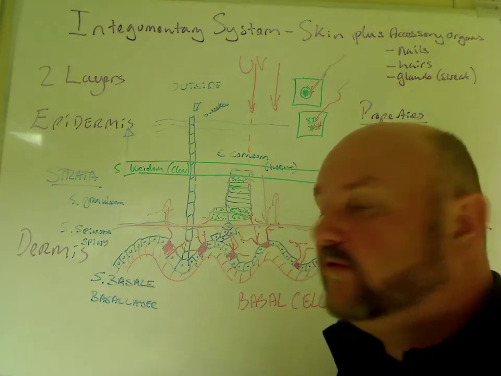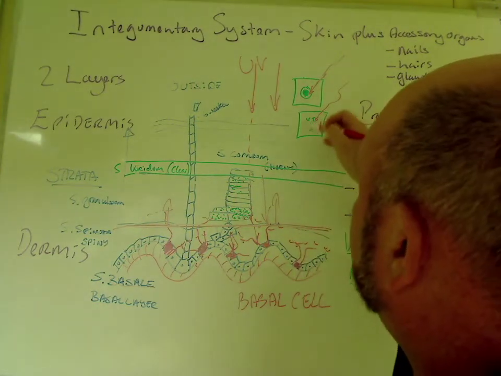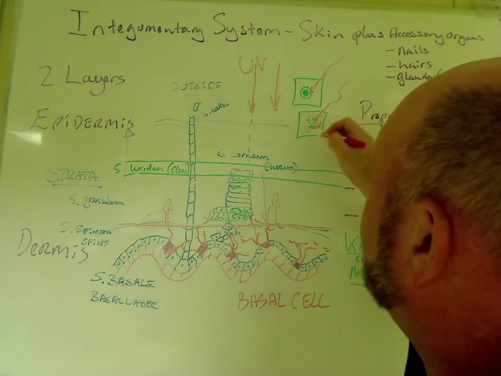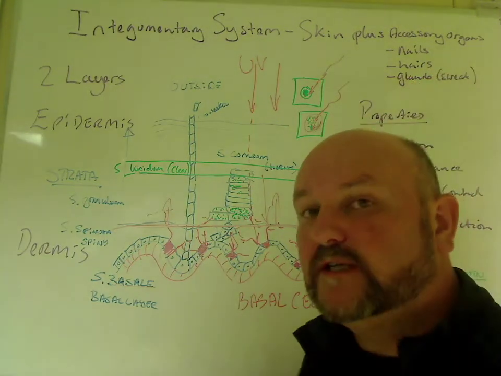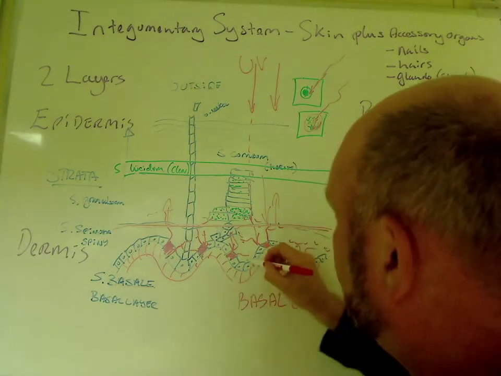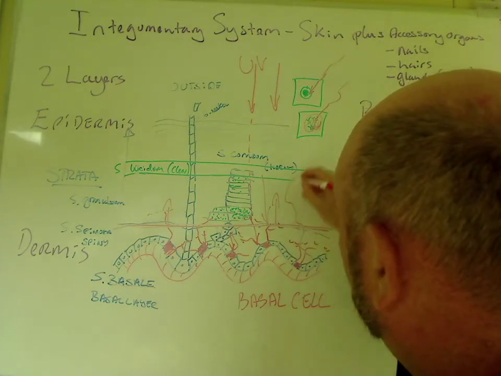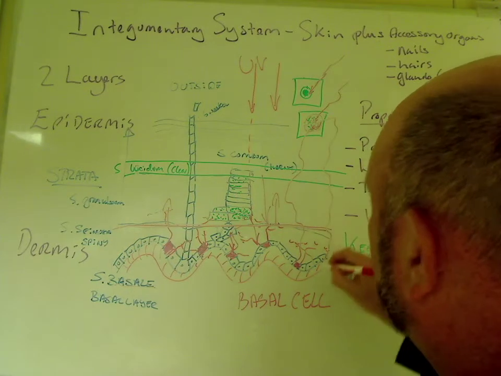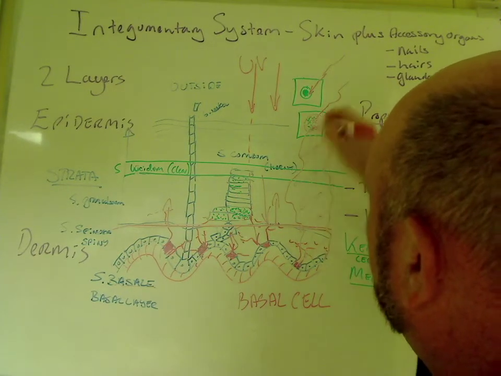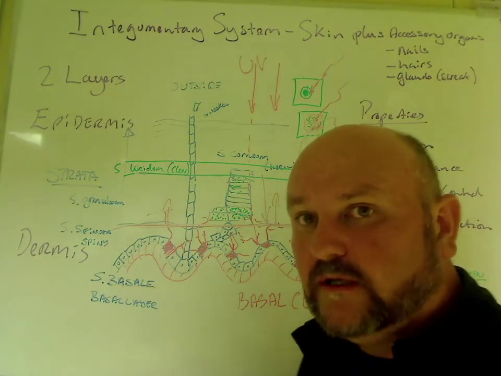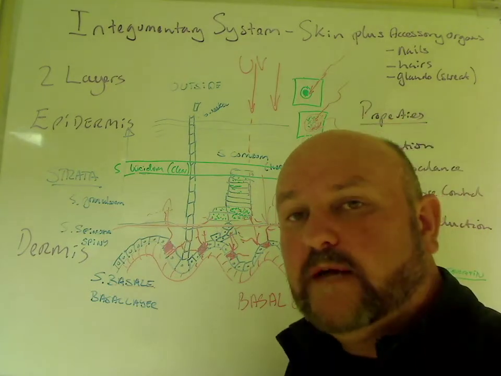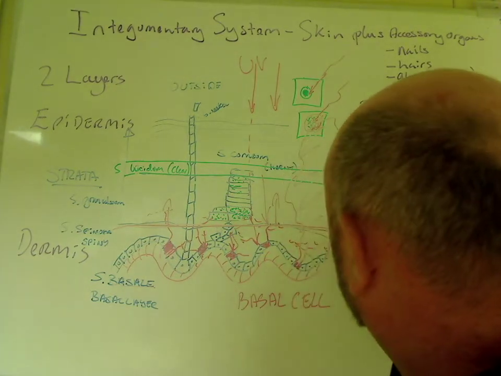So just when I got finished saying the UV light has caused damage to the cells dividing, it's interfered with their cell cycle, and they are now growing uncontrollably. The fortunate thing about basal cell carcinoma is it tends to grow up and outwards.